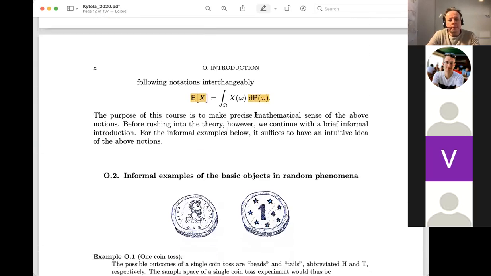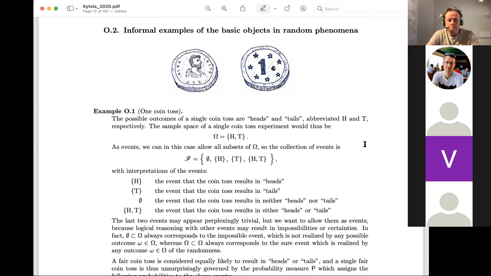Let's look at a couple of examples before we have a little break, maybe. So the basic example, the really basic example of all probability is the coin toss or coin flip. So we pick up one coin, we flip it and see if we get heads or tails.